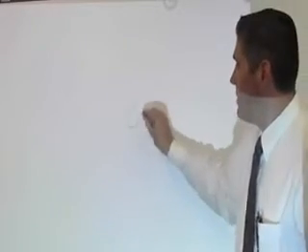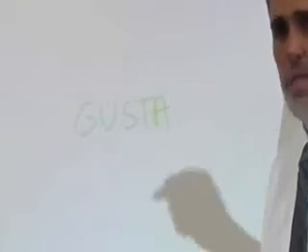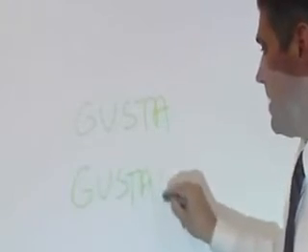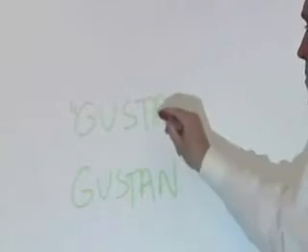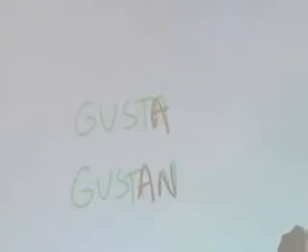So real quick, if you want to say it is pleasing, gusta. If you want to say they are pleasing, it's gustan. I hope you can see that green okay. I'll change colors here. Gusta, it is pleasing. Gustan, they are pleasing.